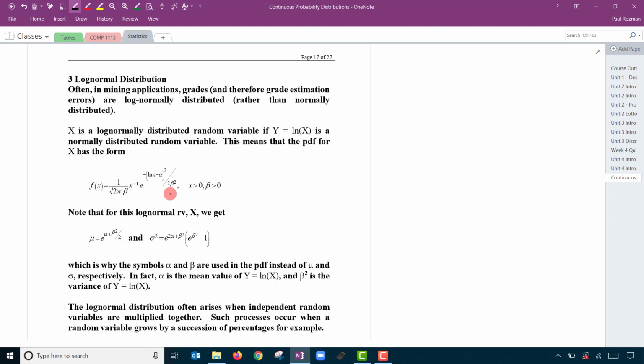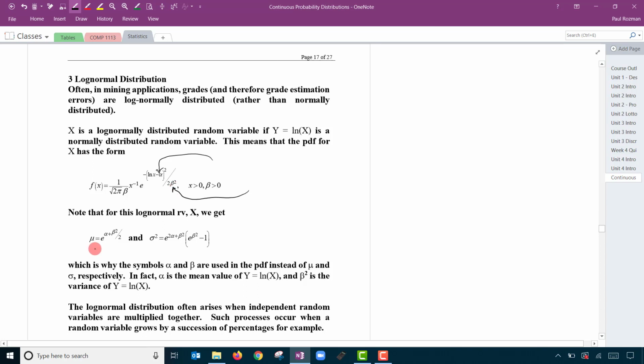So imagine you have a big data set, we call it x. If we take the natural log of x and we calculate the mean of those natural logged values, that gives us this parameter alpha. And if we take the standard deviation of all those natural logged values, we get this parameter beta.